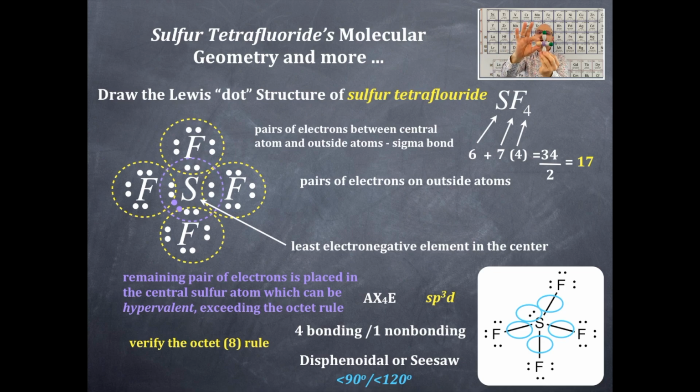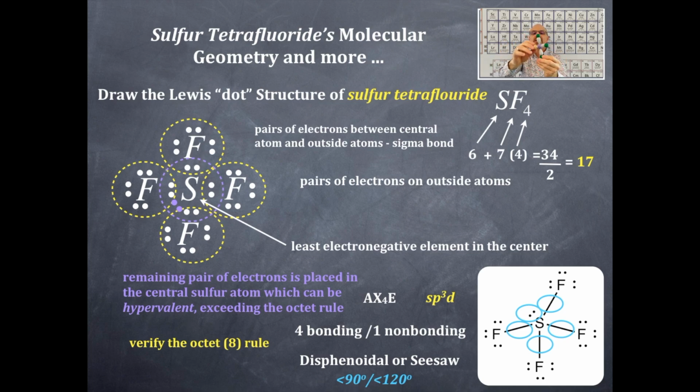This lone pair of electrons compresses the bond angles. That's why this is less than 90, and that's why this right here is less than 120. It's sp3 hybridized, meaning S, P1, P2, P3 hybridized, because there are 5 domains around the central element.